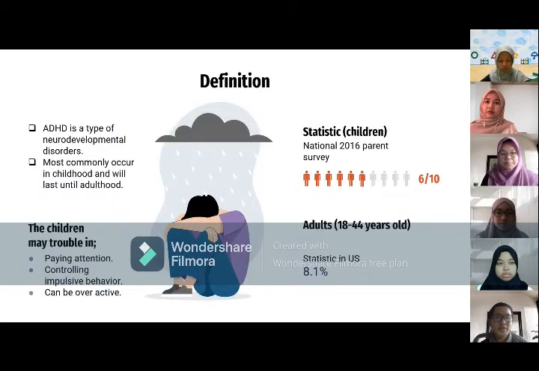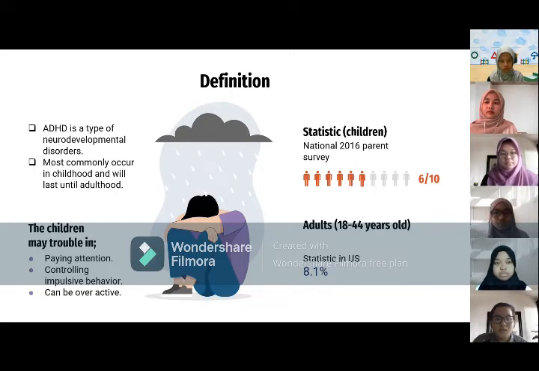So for the definition of ADHD, ADHD is a type of neurodevelopmental disorder. It affects the developing nervous system of a person and most commonly occurs in childhood and will last until adulthood. Children who have ADHD may have trouble paying attention, controlling impulsive behavior, and can be overactive.